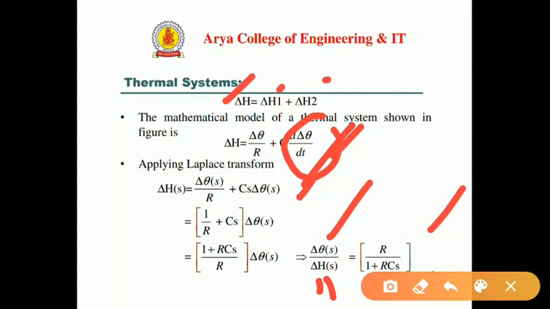This equals R upon 1 plus RCs. So this is all about the modeling of fluid system and thermal system. This completes the modeling of systems. Now we will discuss the remaining topics of this unit in the next lecture. Okay, thank you.